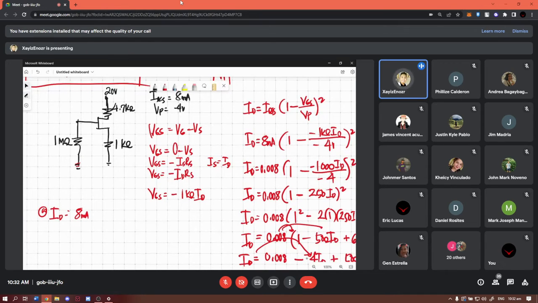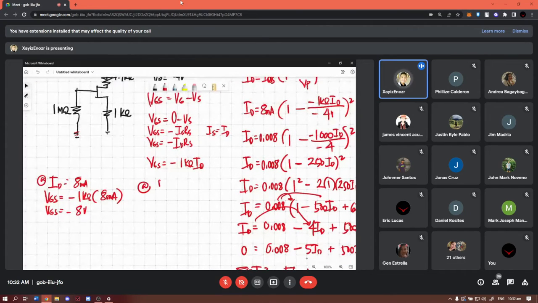So, our VGS is negative 1K times 8 milli. So, VGS is negative 8 volts. At ID is equal to 2 milli, so VGS is negative 1 kilo ohm times 2 milli. So, VGS is negative 2 volts.